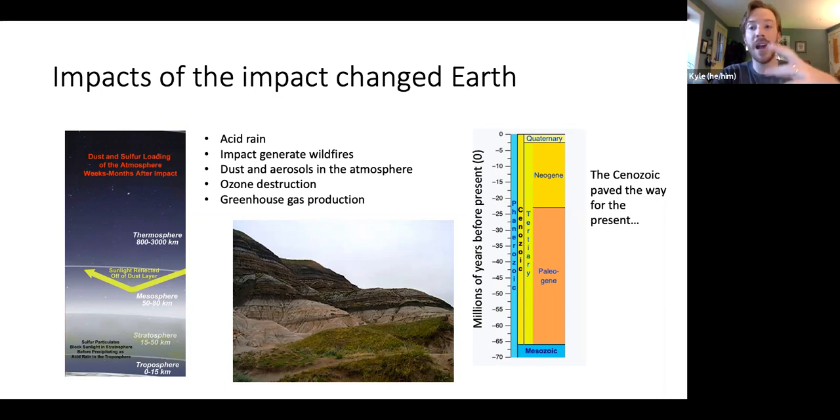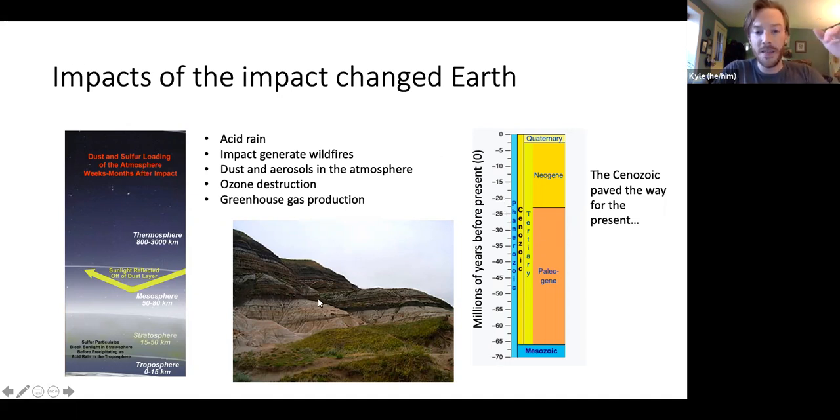So chemical reactions happened with all of that stuff that was in the atmosphere, which created acidic compounds that rained down. It also caused wildfires in the immediate aftermath of the impact. Dust and aerosols, which I mentioned, poked a hole in the ozone layer and led to other greenhouse gas production. So this was not a good time for everyone who was on Earth at this time.